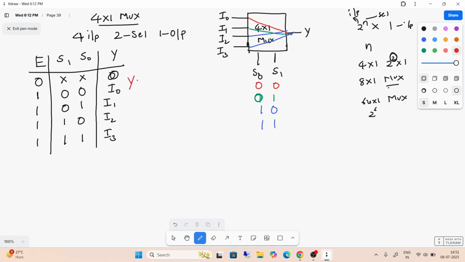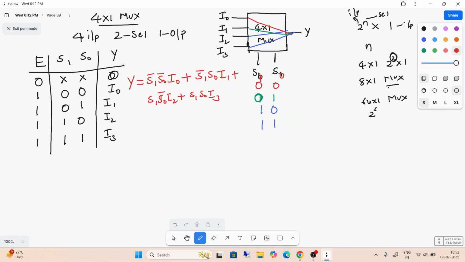Y equals S1 bar S0 bar I0, plus S1 bar S0 I1, plus S1 S0 bar I2, plus S1 S0 I3. You need to take S1 as the MSB and S0 as the LSB. Now, can you draw the logic diagram?